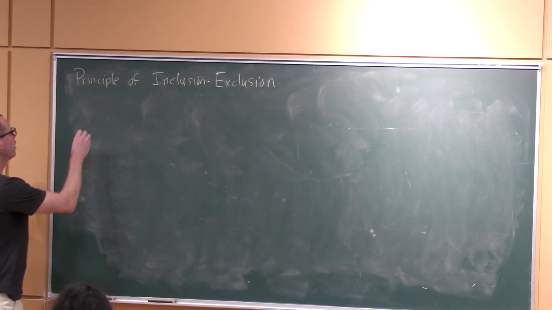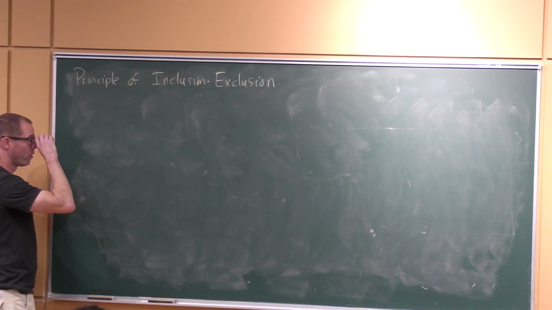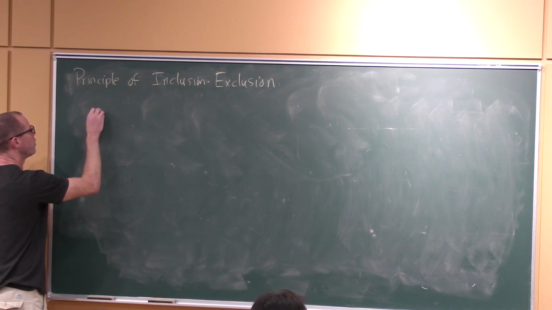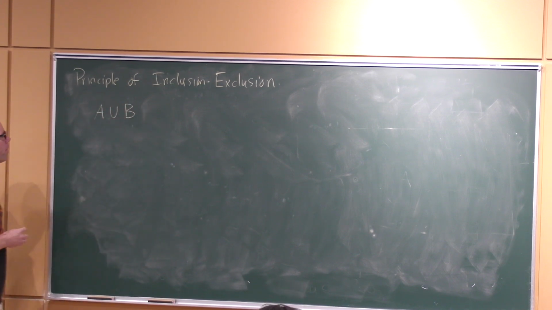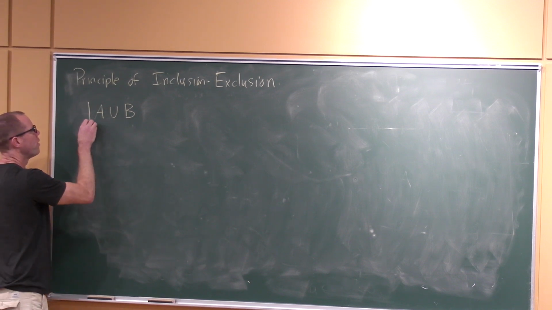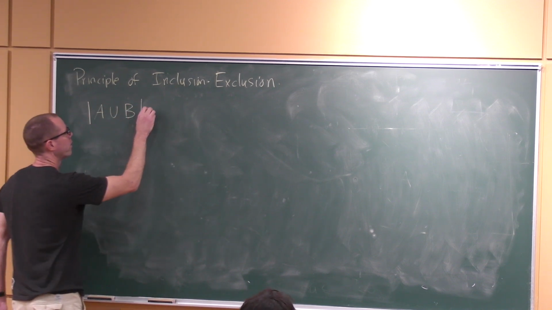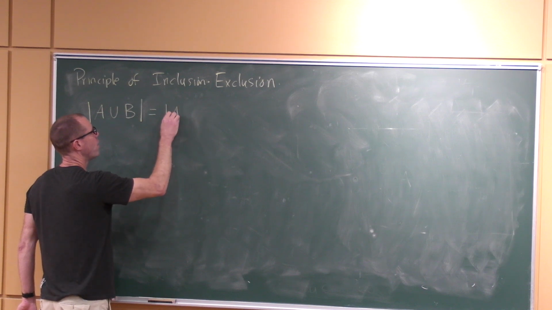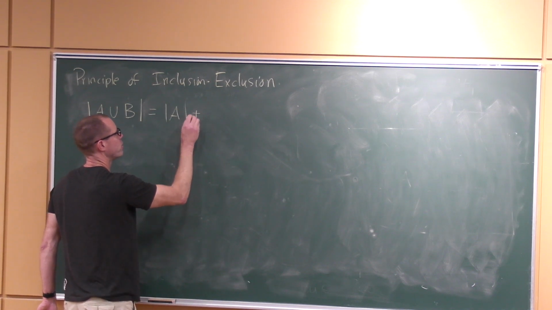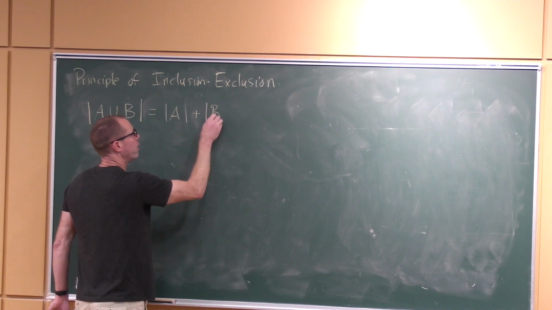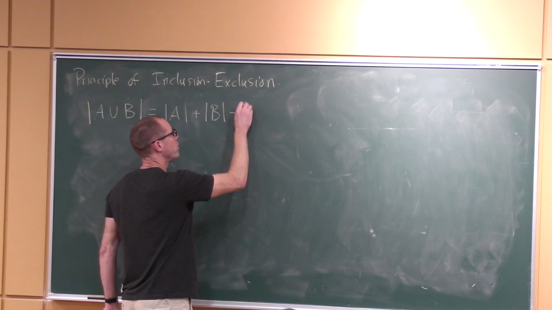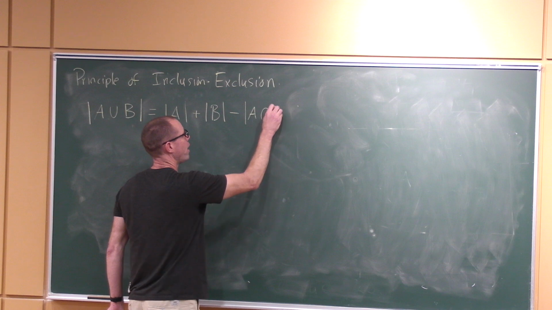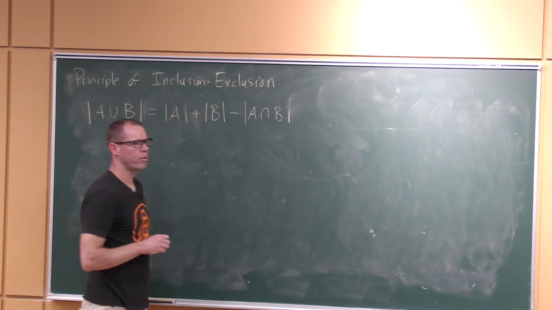And so the basic version of it is if I have 2 sets A and B and I take their union, then the size of that thing starts out the way you would expect. There's the size of A and there's the size of B, but then you subtract the size of A intersected with B.